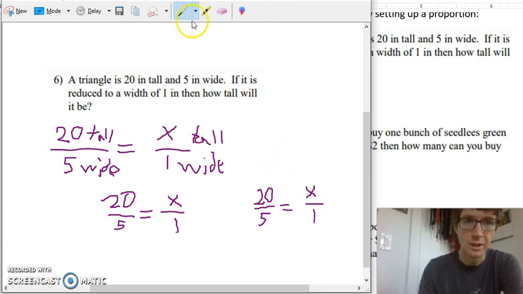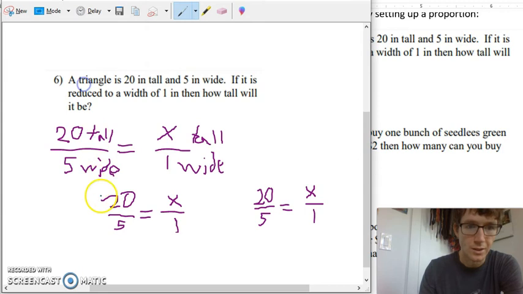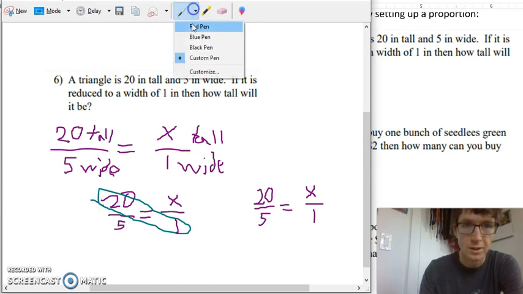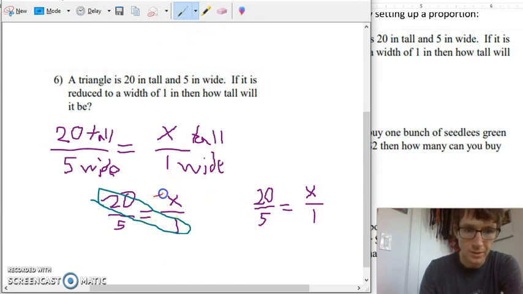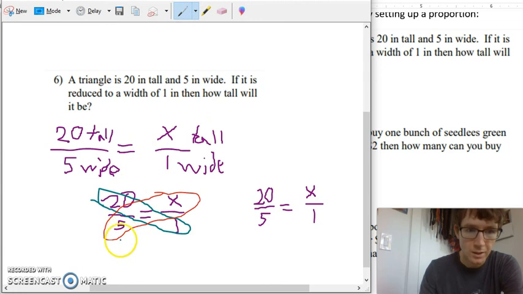I'm going to do the way I've taught you guys first. So let's do it. Okay. First we've got 20 times 1. We're just cross multiplying. It's equal to 5 times x. So then we get 20 times 1 is 20. And 5 times x is 5x.